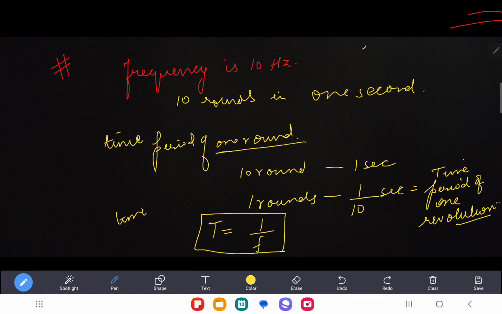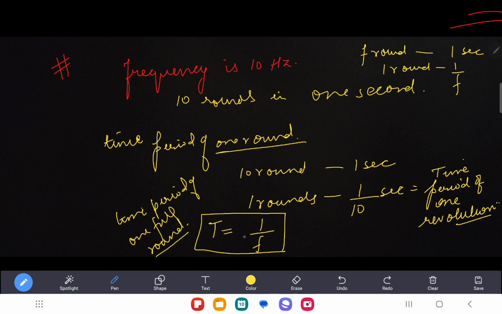Because if I say the frequency is F, the person is doing F rounds in 1 second. So how much time will one round take? 1 by frequency. So the time period of one full round or revolution would be 1 by F. This is the relationship between time period and frequency.